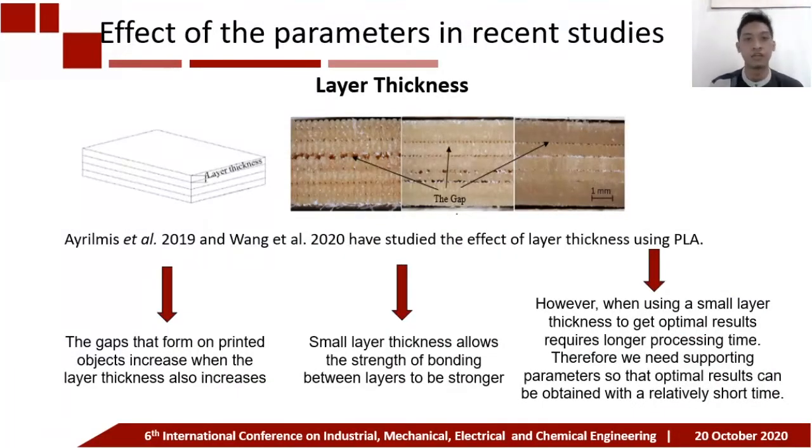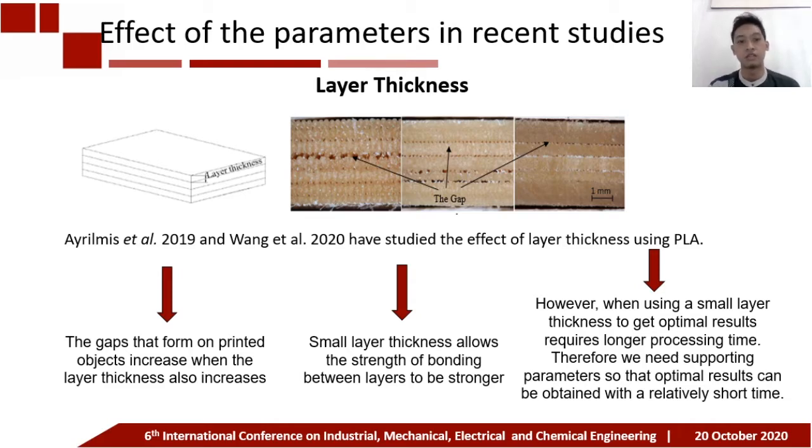Okay, we enter the effect of the parameters in recent studies. The first parameter is layer thickness. ICIMECE et al. in 2019 and Wang et al. in 2020 have studied the effect of layer thickness using PLA.